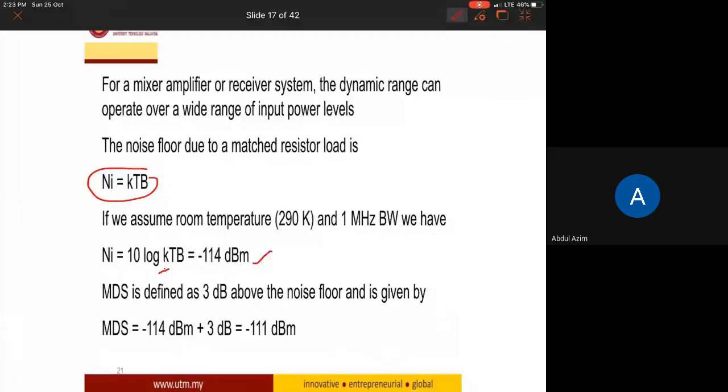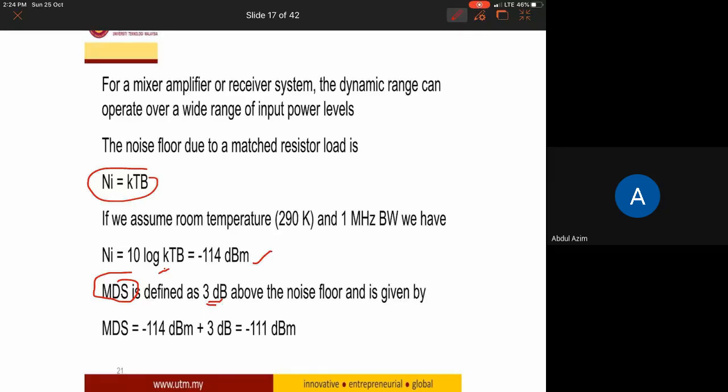And what is MDS? Based on the graph, MDS is defined as 3 dB above the noise floor, and it is given by this formula. MDS is the noise floor plus 3 dB. This is the minimum detectable signal.